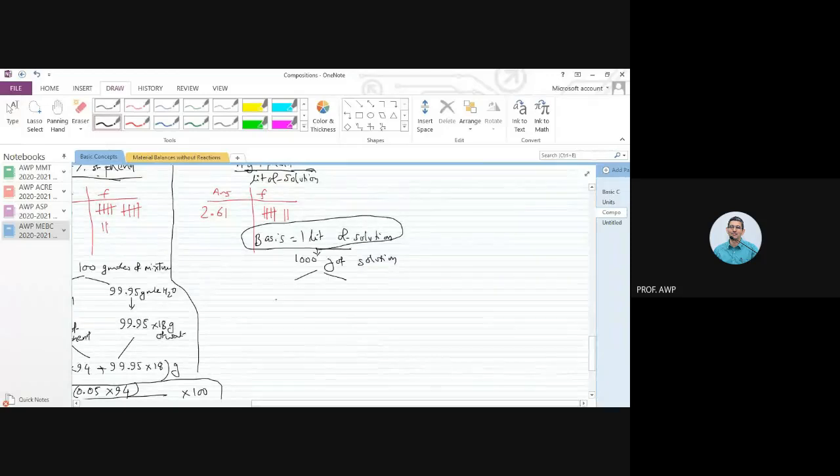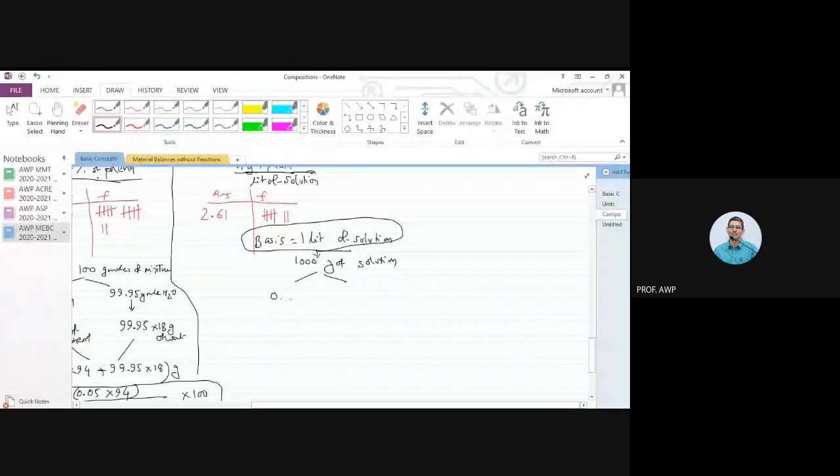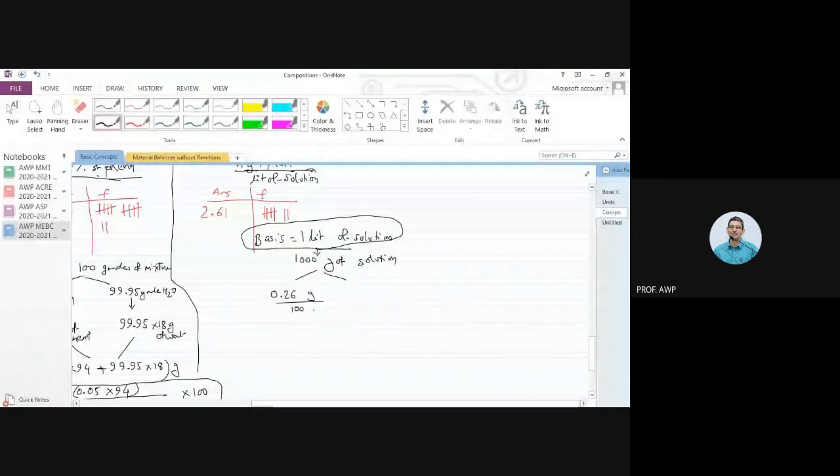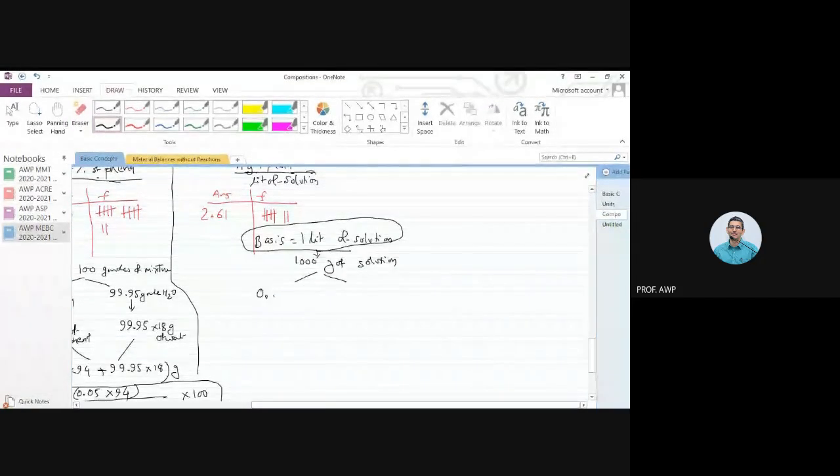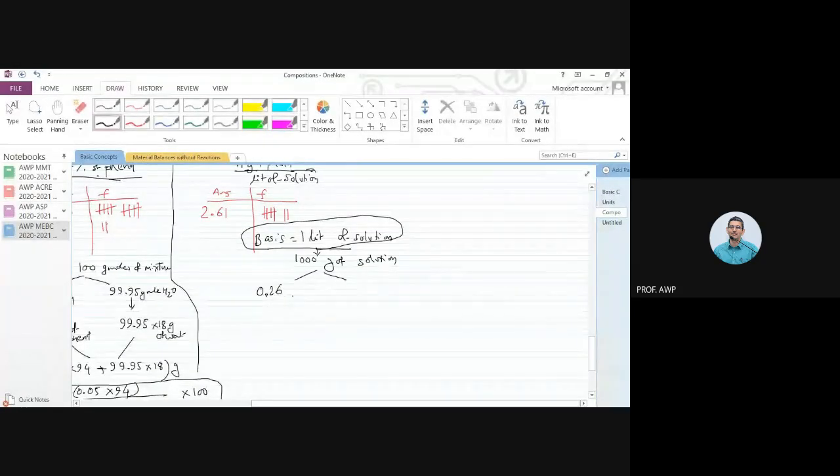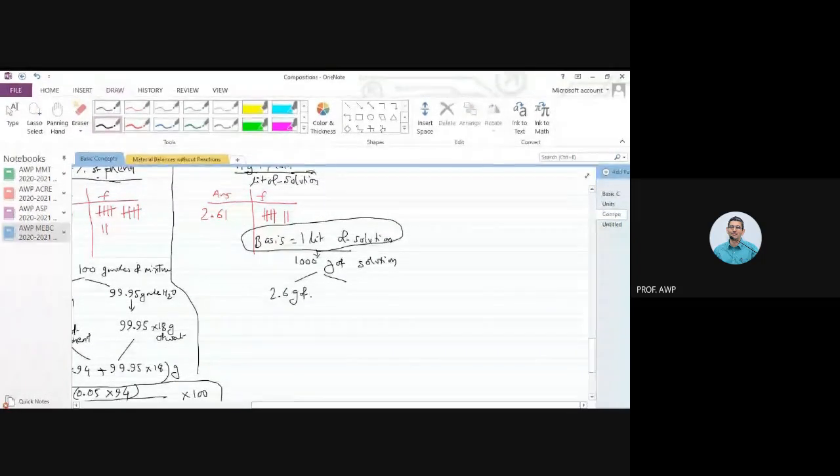So that means it is 0.26 grams per 100 grams. And in 1000 grams, it would be 0.26 into 1000 divided by 100. That is nothing but 2.6 grams. So 0.26 is the weight%, divided by 100 is the fraction, into 1000. So it will be 2.6 grams of phenol, and 1000 minus 2.6 grams of water.